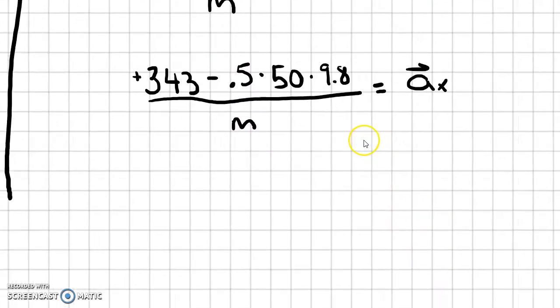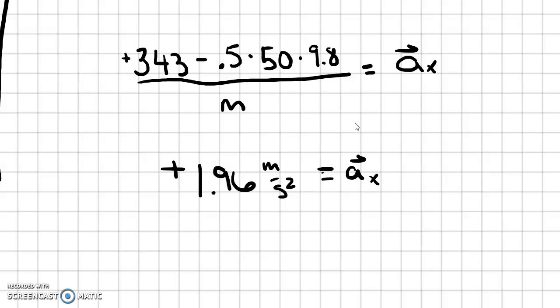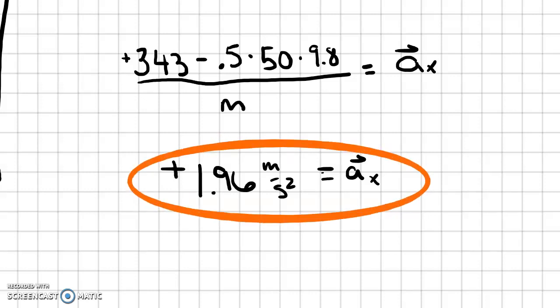If you do this in your calculator, you will get a magnitude of 1.96 meters per second squared in the positive direction. This will be the acceleration that will occur if that constant force from the previous section maintains. So this is what I would say our response is.